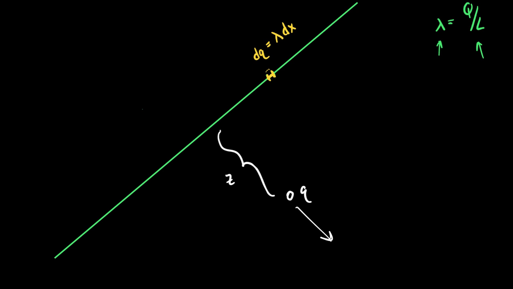Now that's a very complicated way of saying I'm going to draw a line from here to here. I'm going to call that line R. And I'm going to say that the force on charge Q is going to be equal to charge Q times the piece of charge times K all over R squared.